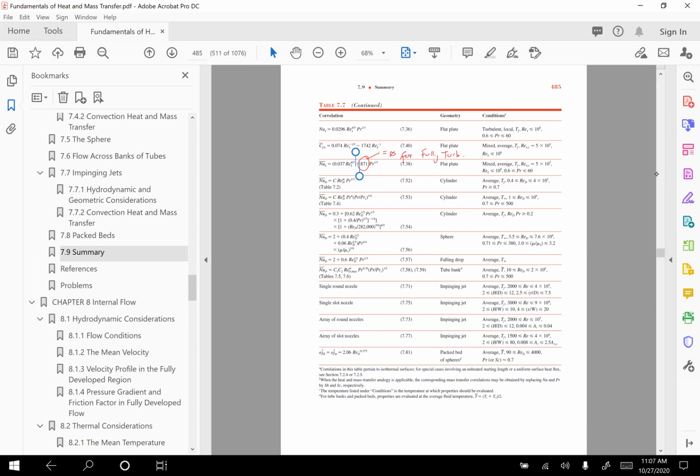And then let's make sure we use the film temperature. We have to make sure we meet our conditions: the critical Reynolds number, that's right, and our Reynolds number is less than 10 to the 8th. And then Prandtl for air, you can calculate it. It'll come out to be about 0.7 something. So that condition is also met. So all our conditions are met.